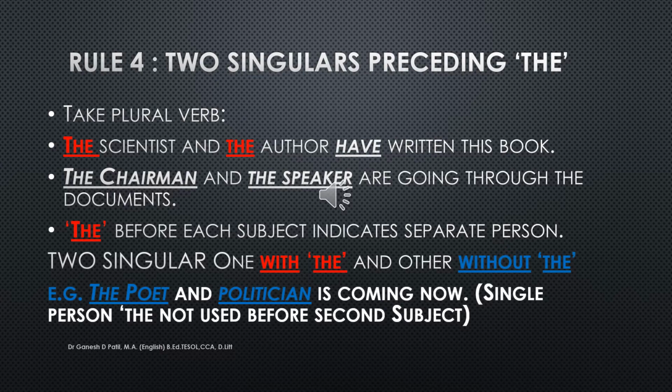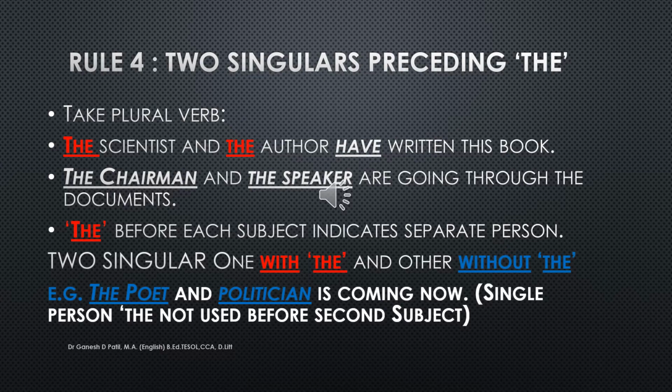If two singulars are preceded by the, and they are connected with and, it means there are two different subjects, and such subjects connected with and should take a plural verb.